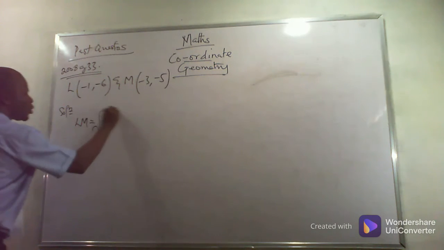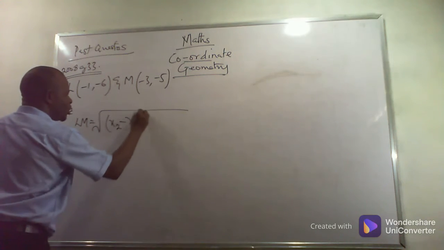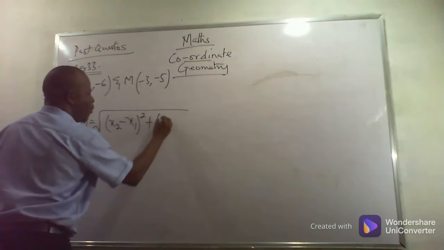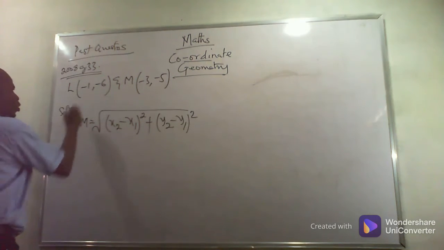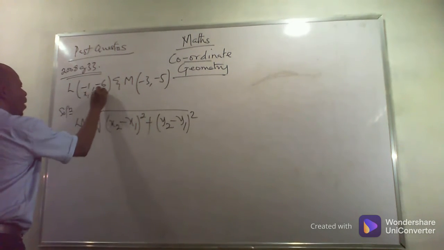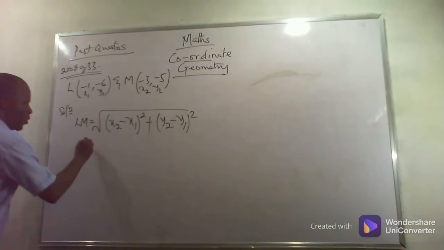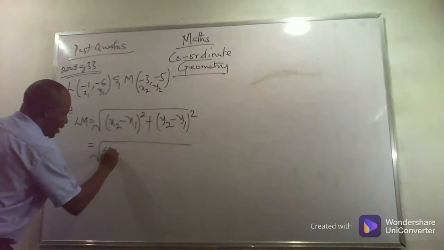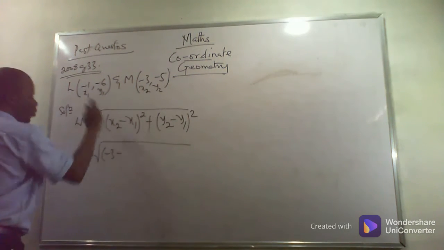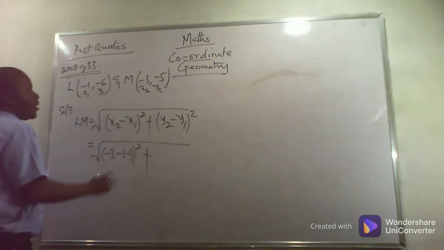LM will be square root of x2 minus x1 squared plus y2 minus y1 squared. So you come and name the points x1, y1, x2, y2. So what do we have? LM equals square root of x2, minus 3, minus x1, minus 1, everything squared, plus y2.